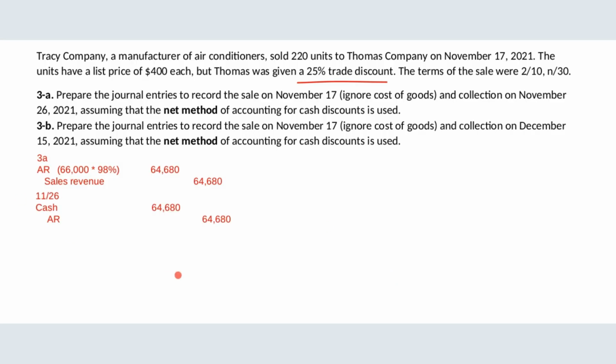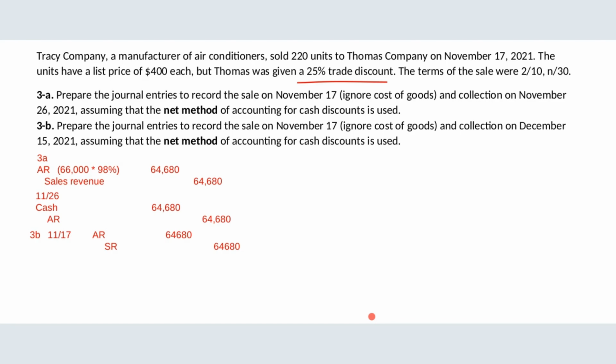All right. So in number 3B, 11/17, same entry, AR 64,680 and sales revenue of 64,680. Okay, so that was the same. The second entry, because they did not take advantage of the discount, the cash received will be the 66,000, right?